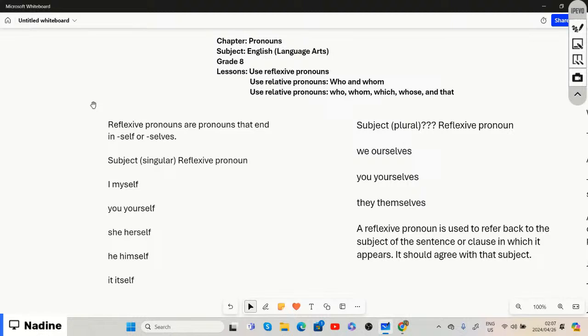And we said we have basically singular subject reflexive pronouns, and we have plural subject reflexive pronouns.